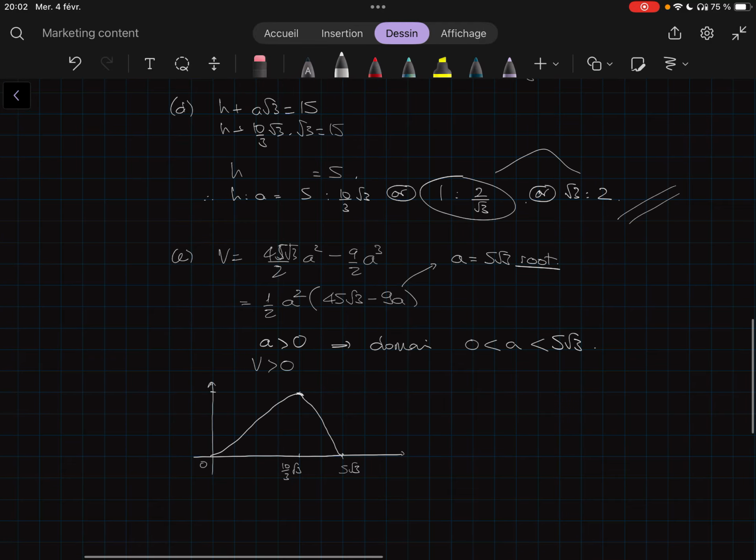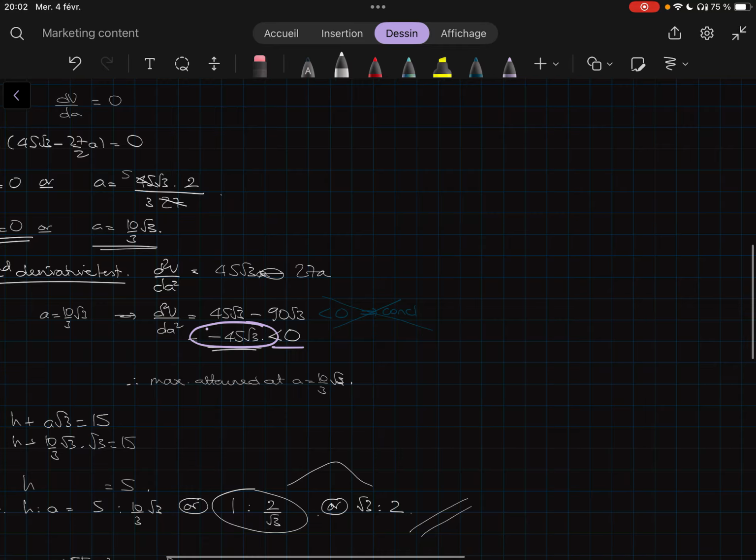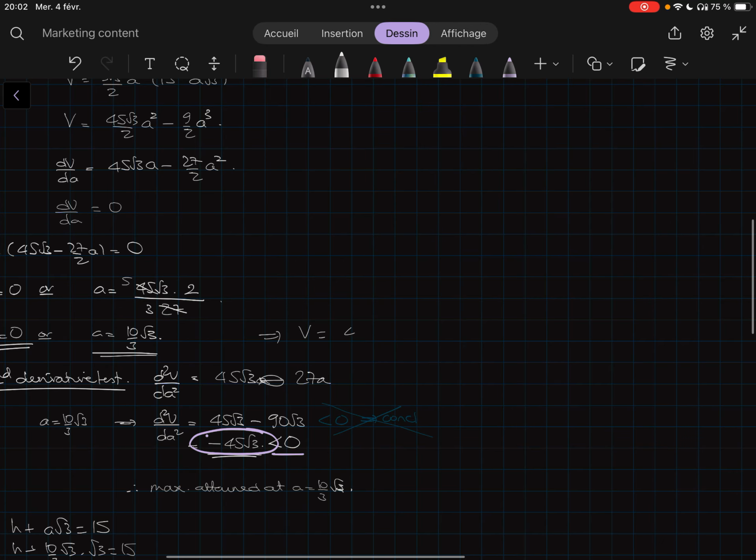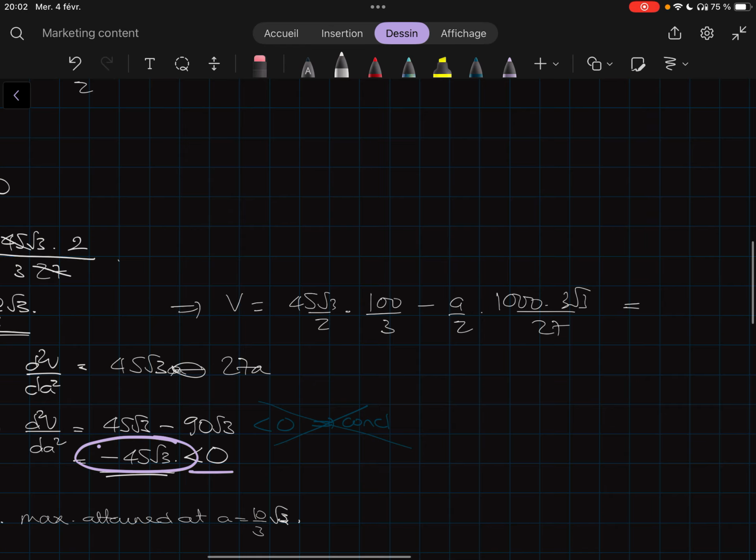The maximum volume, which I forgot to calculate, is going to be... let me simplify this a little bit more.